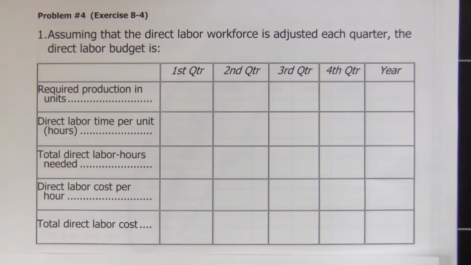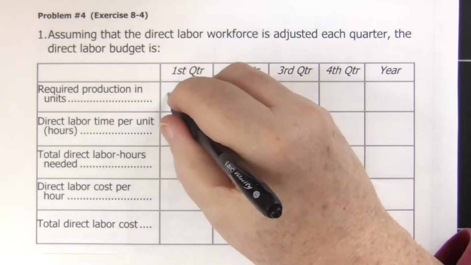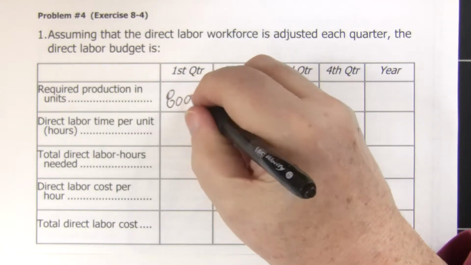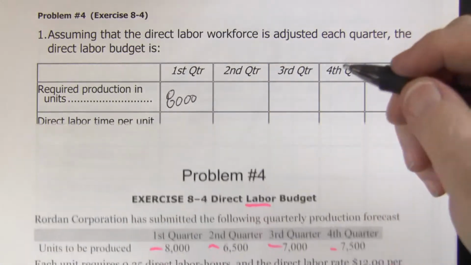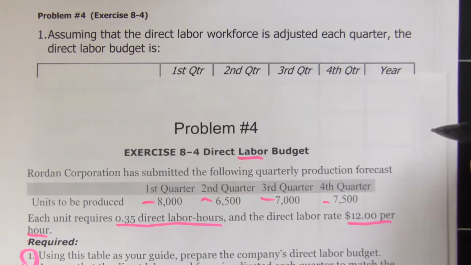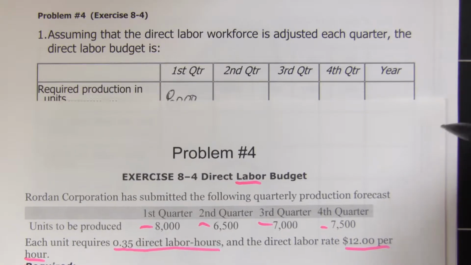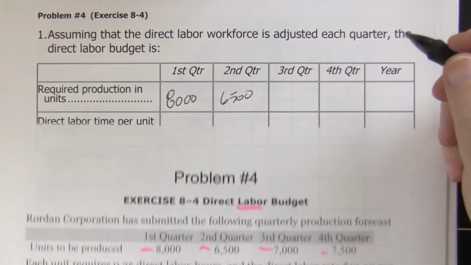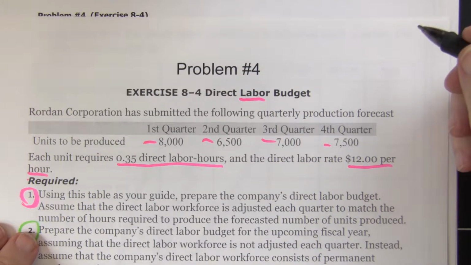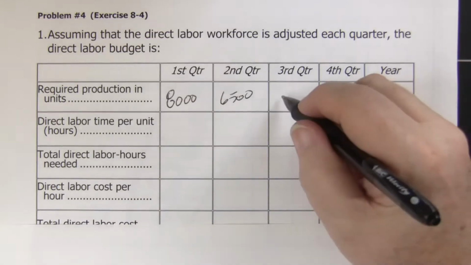Well, for the first quarter, they tell us we're going to make 8,000 units. The second quarter, we're going to make 6,500 units. You see where I'm getting these numbers from, okay? The third quarter, we're going to make 7,000 units.